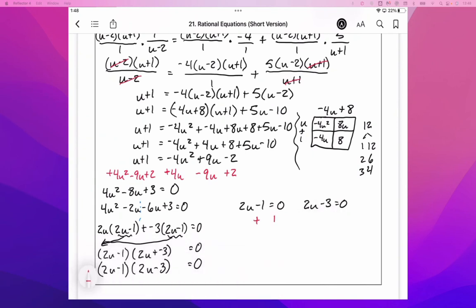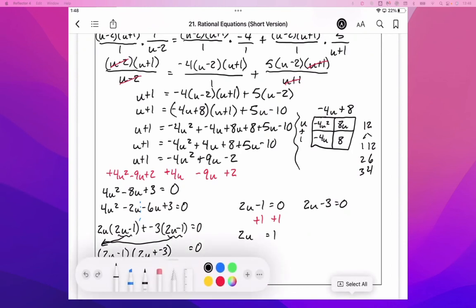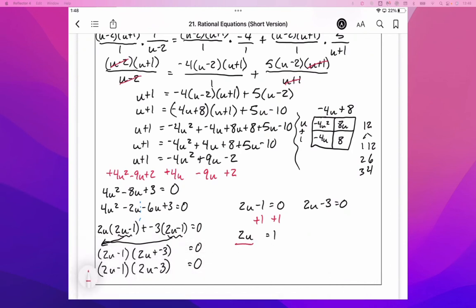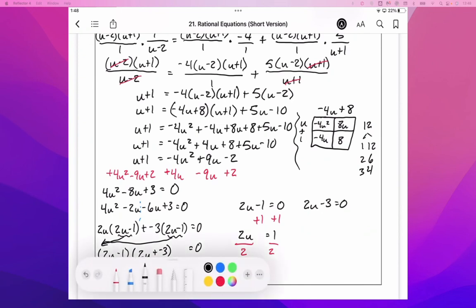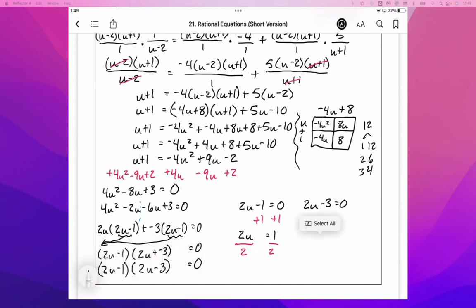And so here, plus 1, we've got 2u is equal to 1. Divide by 2. And u is equal to 1/2.